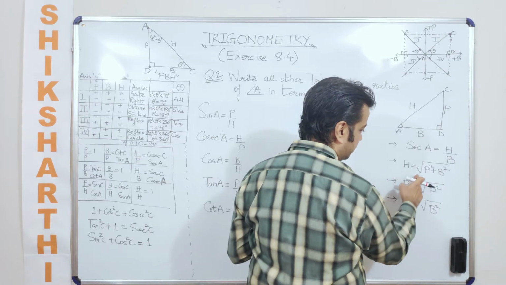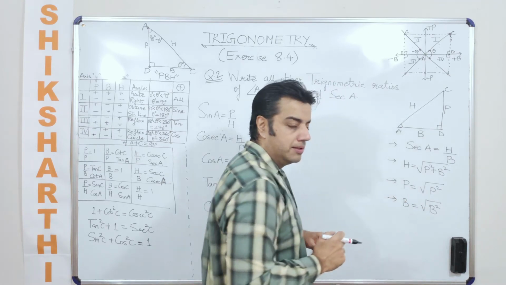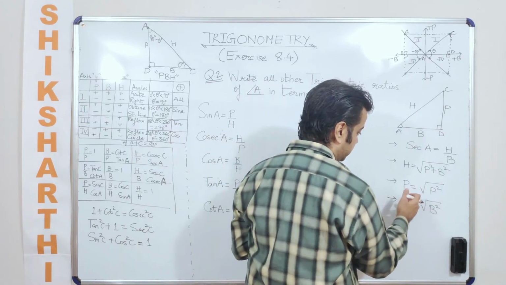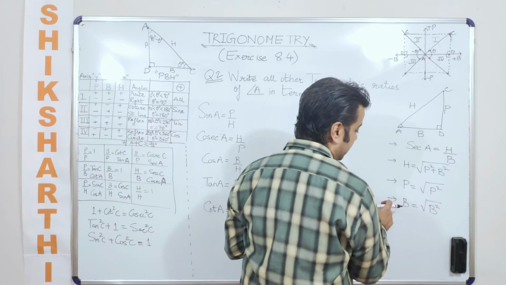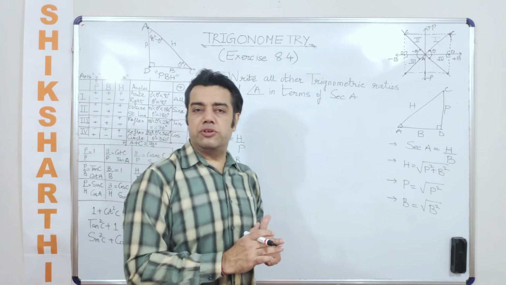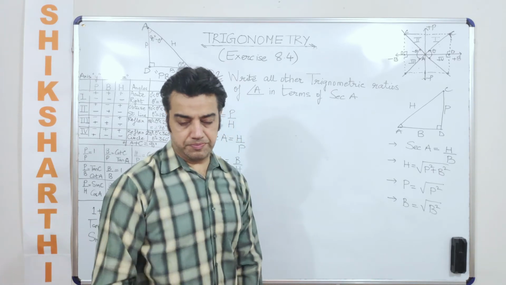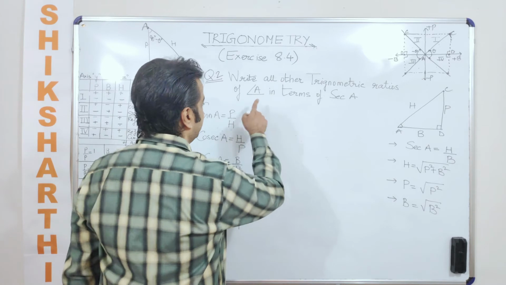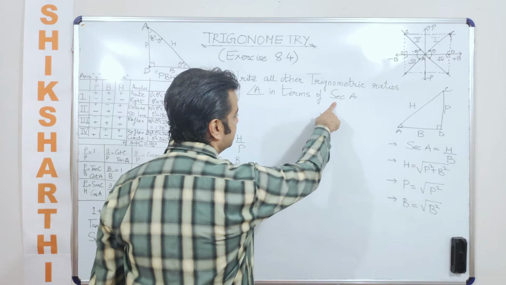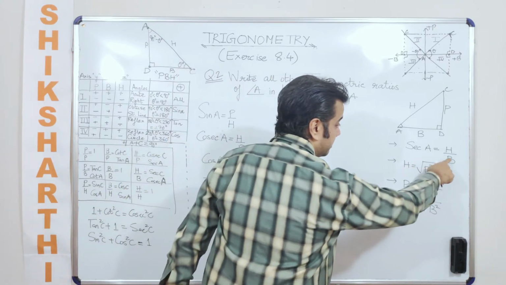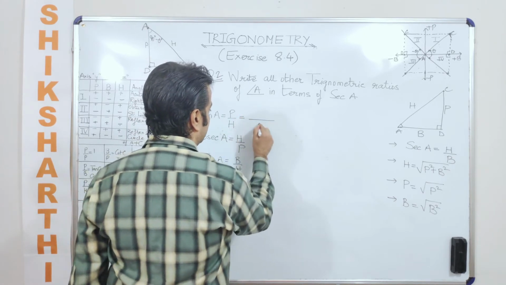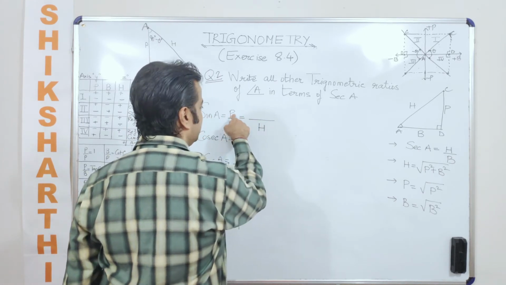So hypotenuse is equal to under root of p square plus b square, which comes from Pythagoras theorem. And p, or any expression, can be written as under root of p square, and b, base, can be written as under root of b square. So we will be requiring either all of these or most of these. Okay, so starting off with sin A. Sin A is perpendicular upon hypotenuse, and we have to express this in terms of sec A. Sec A uses base and hypotenuse, so I have to convert this p into b and h.